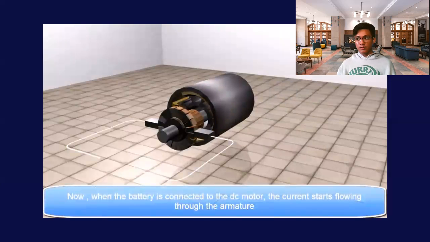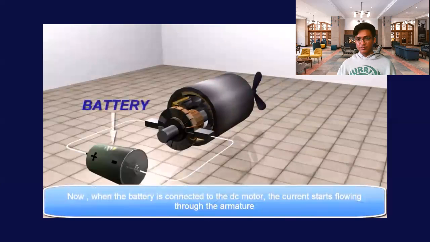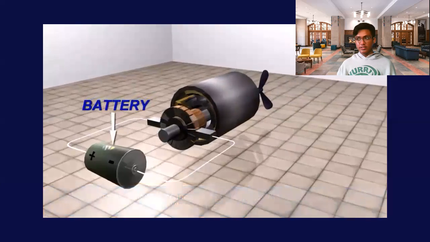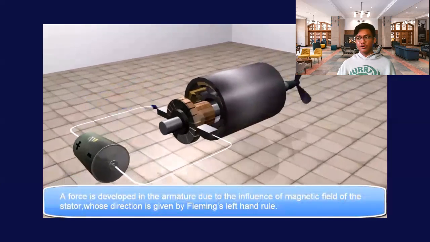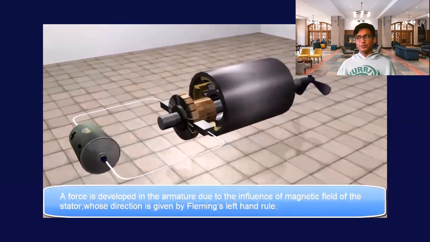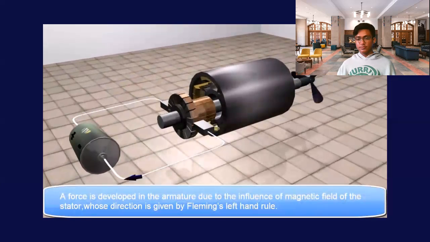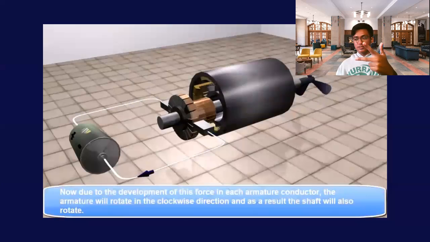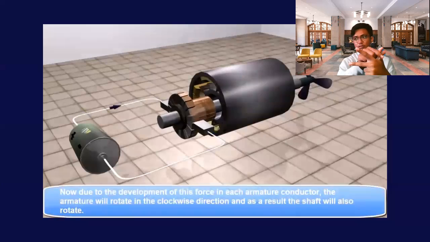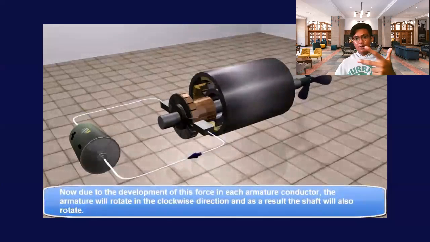Now, when the battery is connected to the DC motor, the current starts flowing through the armature. A force is developed in the armature due to the influence of the magnetic field of the stator, whose direction is given by Fleming's left-hand rule. Due to the development of this force, the armature will rotate.